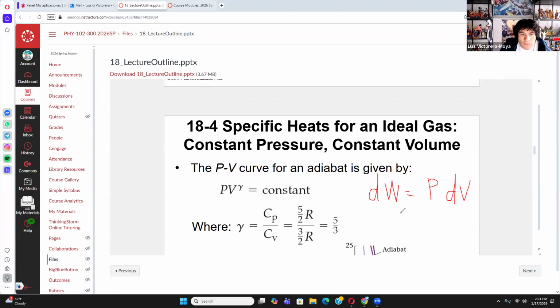But P is a constant K over V to the gamma, dV. So if you're going to integrate on both sides, that's a constant.